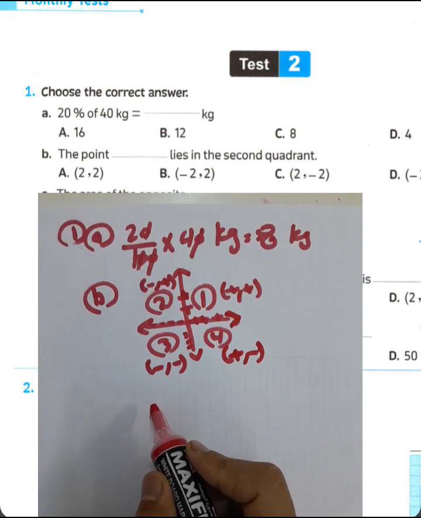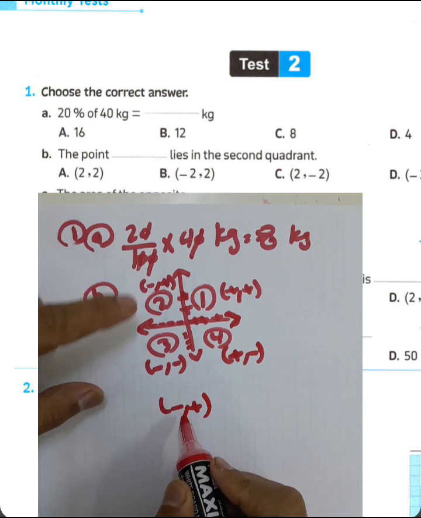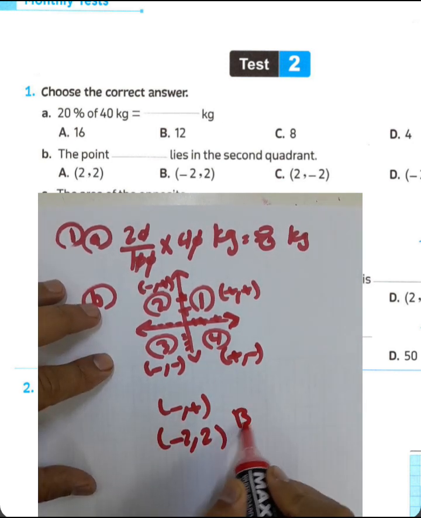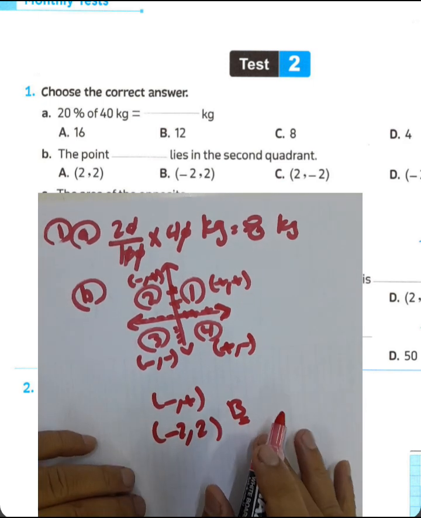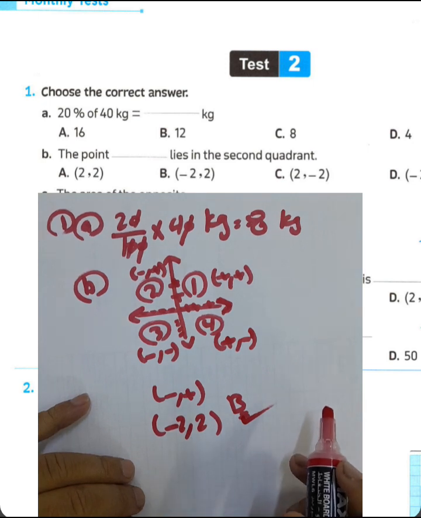We want to find the second quadrant, with signs negative and positive. Letter B, negative 2 and 2, lies in the second quadrant. Choose letter B for this example.